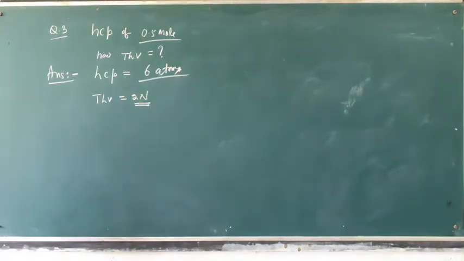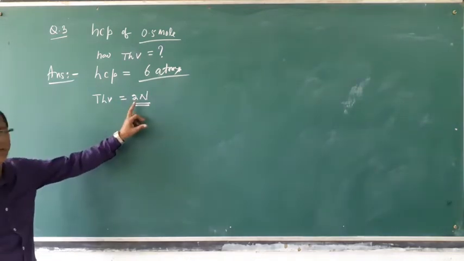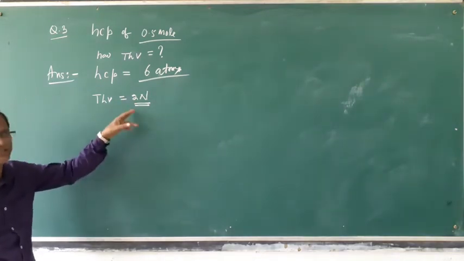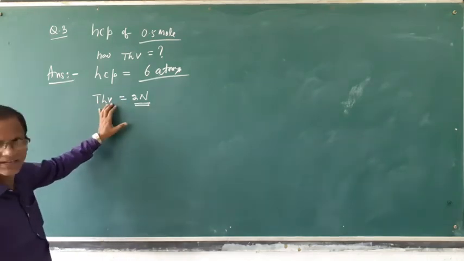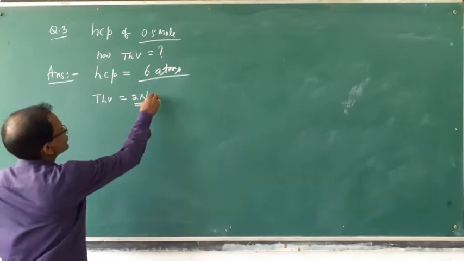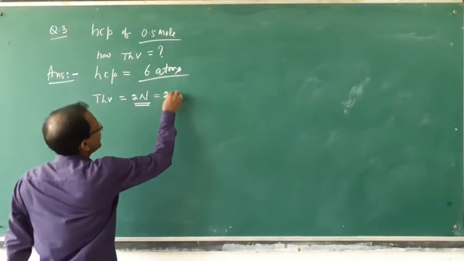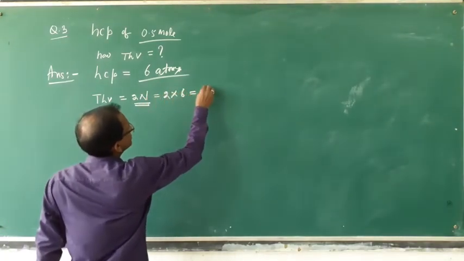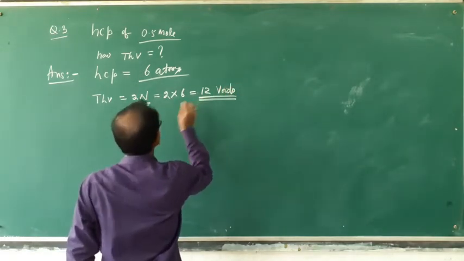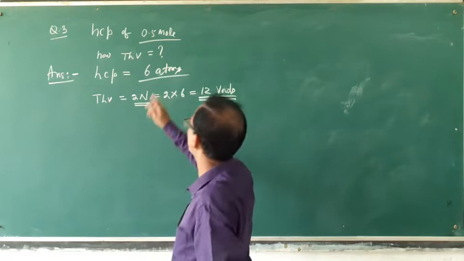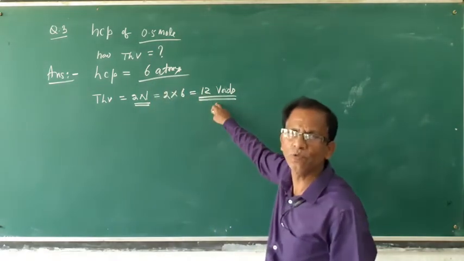We already discussed this formula in the previous lesson, in theory class. So 2 into n, where n is 6, gives 12 voids. For 6 atoms, 12 voids will be formed.